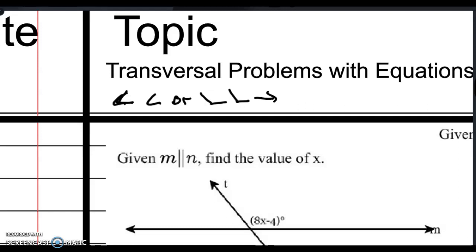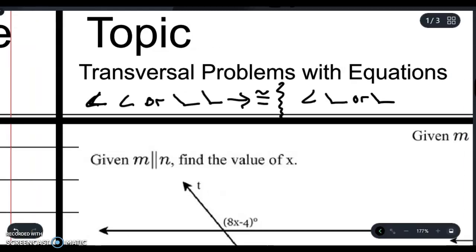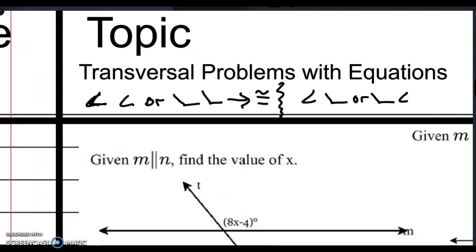They're going to equal each other or be congruent. But if you have an acute and an obtuse, or an obtuse and an acute, they're going to add up to equal 180.